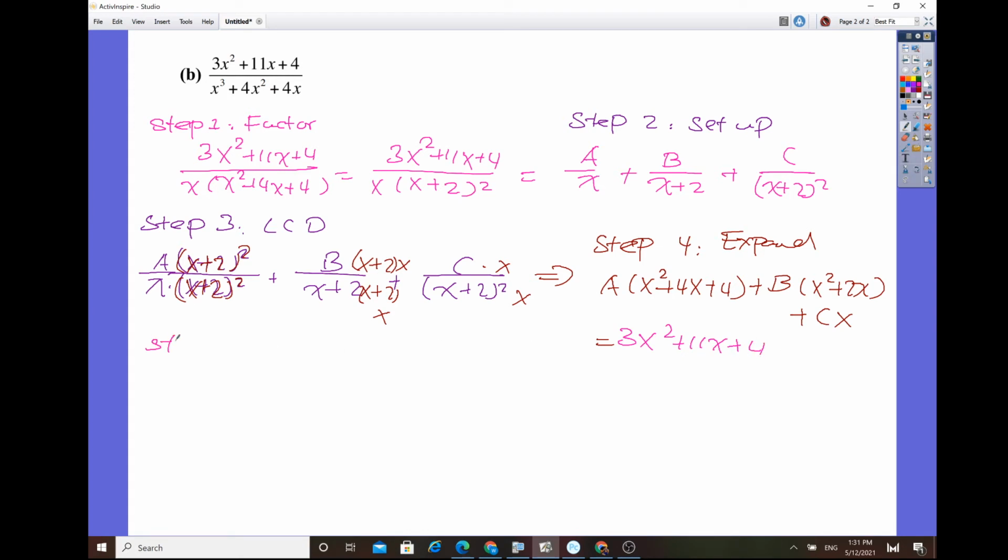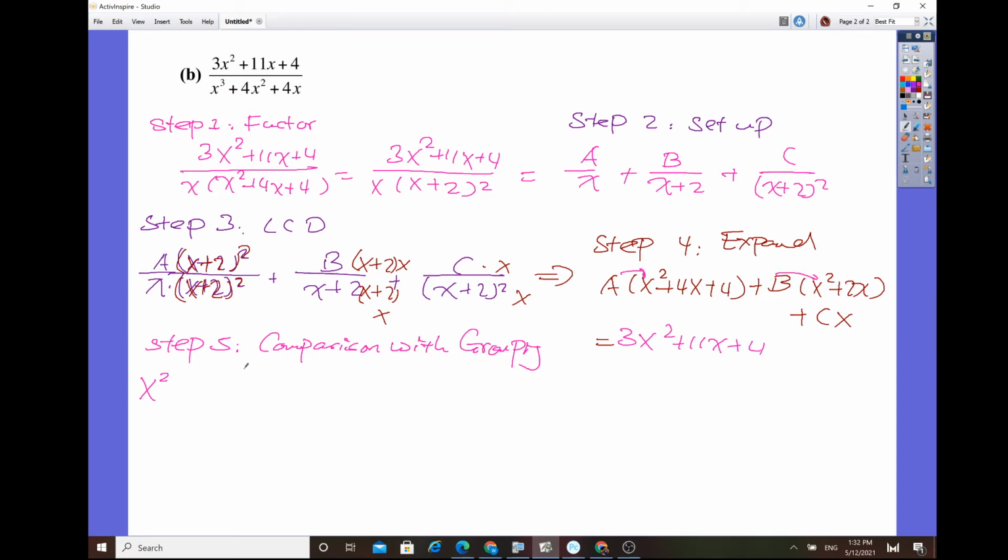And now step 5, that becomes very critical. It's all about the comparison with grouping. So we start off with the terms with the quadratic power, x squared. We do have a and b, because once you distribute, it's ax squared and bx squared.